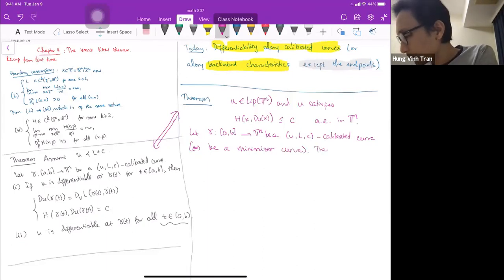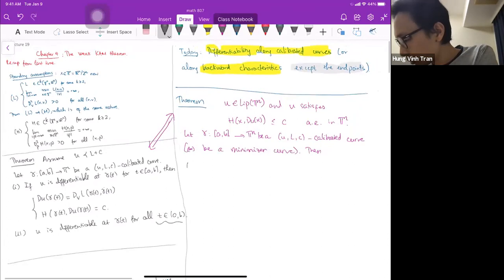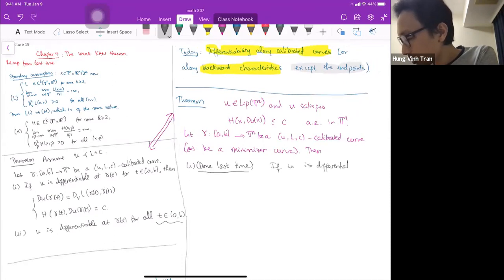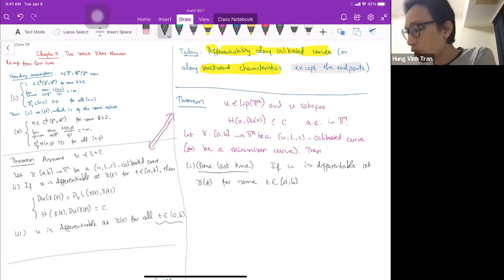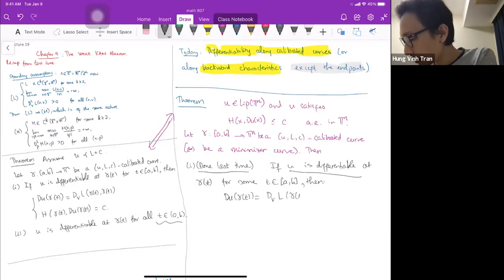Then we have two statements. The first one we proved already, so this is what we did last time. I'm going to record it very quickly: if u is differentiable at gamma(t) for some t between a and b, including the two endpoints, because we assume that it's differentiable, then we can compute the gradient, Du(gamma(t)), which is just the dual derivative, the derivative in v of L, at gamma-dot(t).